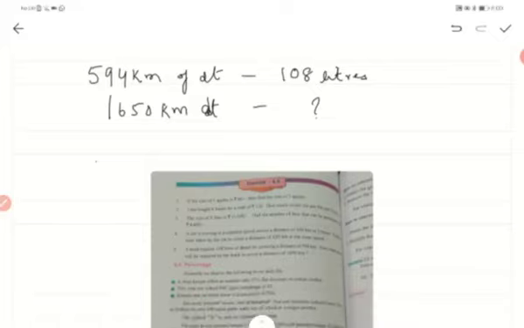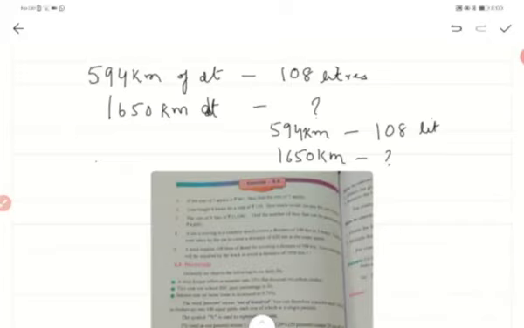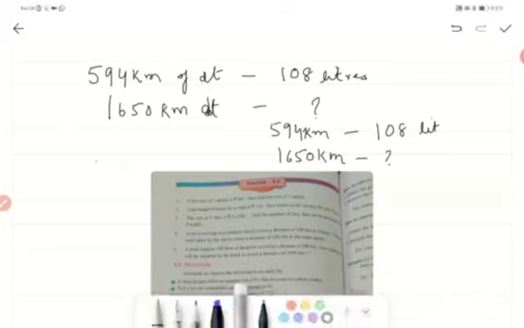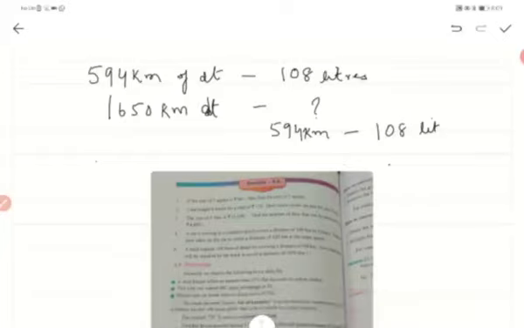Apply that logic here. So here they ask, for 594 kilometers distance, 108 liters of diesel has been used, and they are asking us to find how much diesel will be used by the truck for 1650 kilometers.